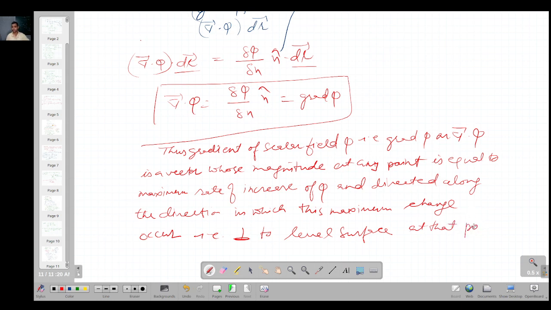So this is the physical significance of the gradient of a scalar field.